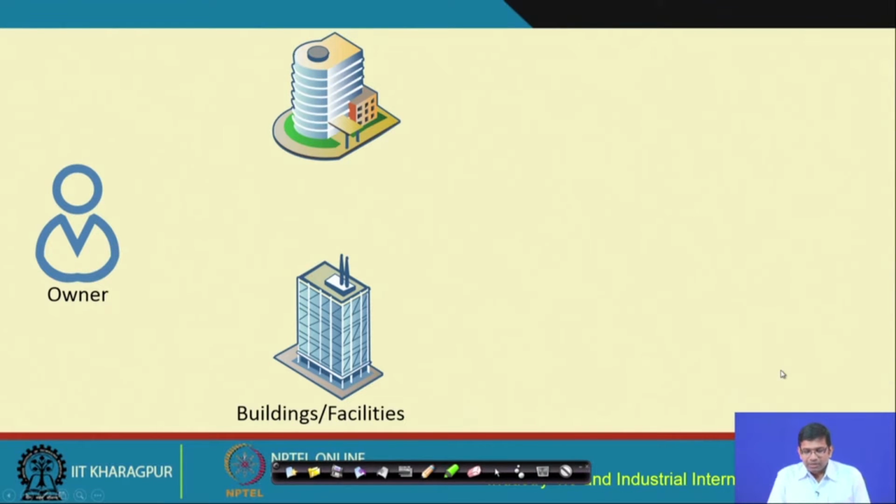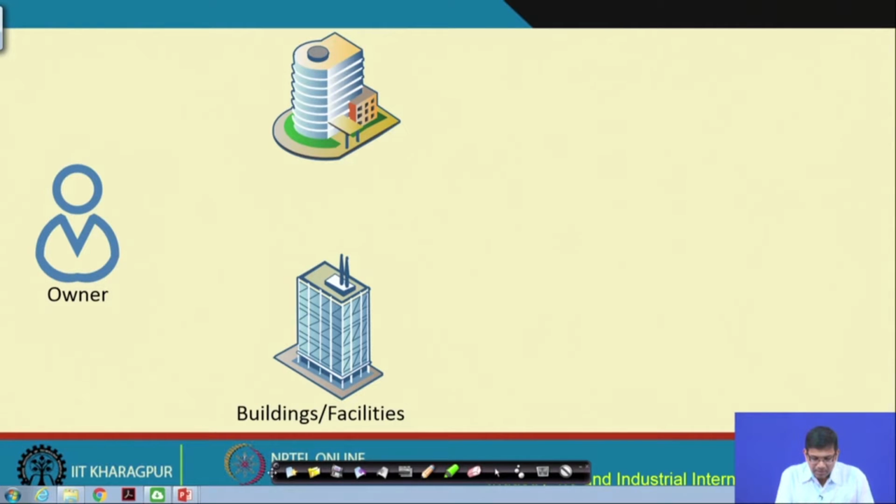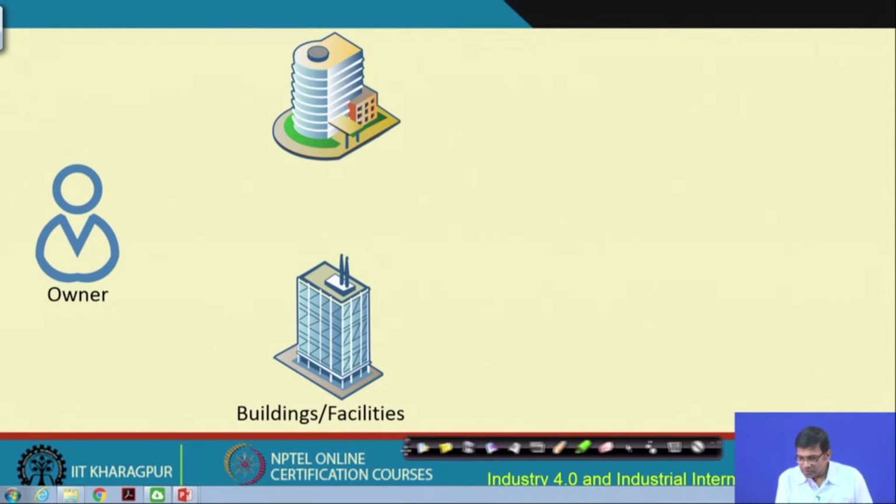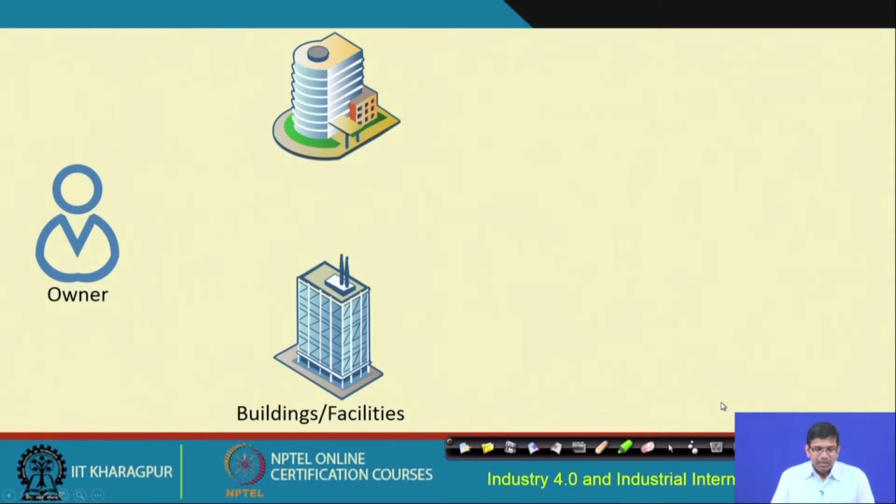Let us run through this particular example. I am going to show you stepwise how we are going to have this facility management. Let us say that we have different buildings and facilities, like the ones shown in the figure in front of you.